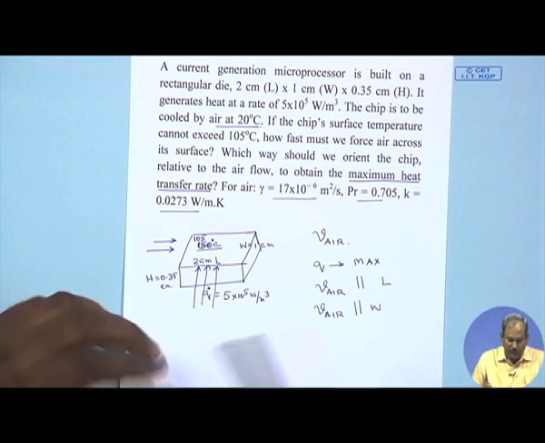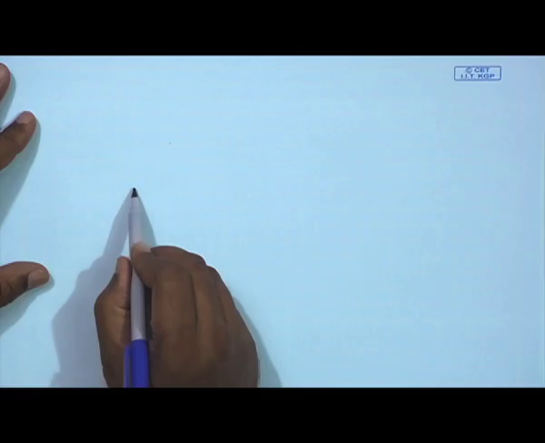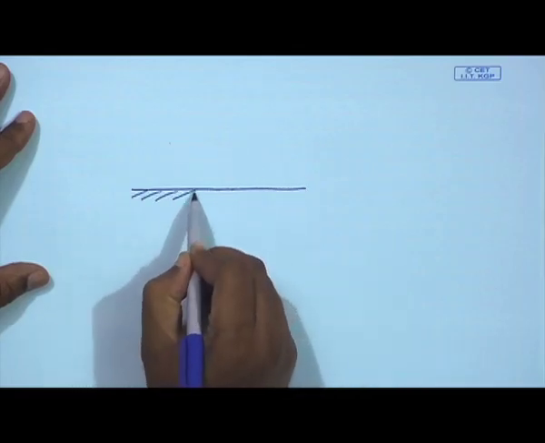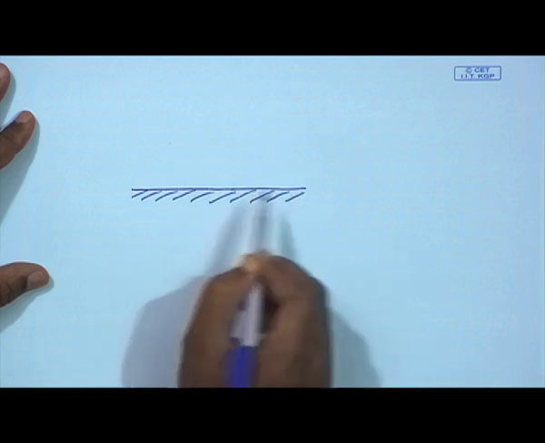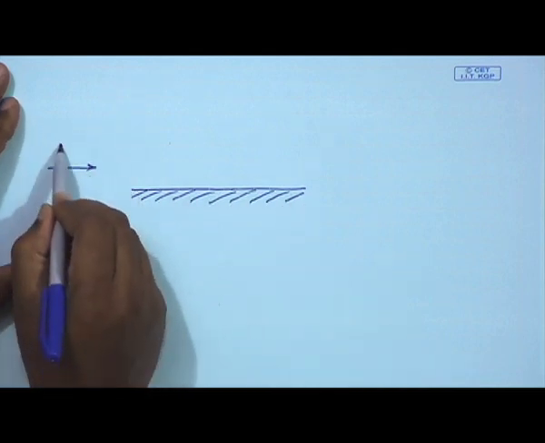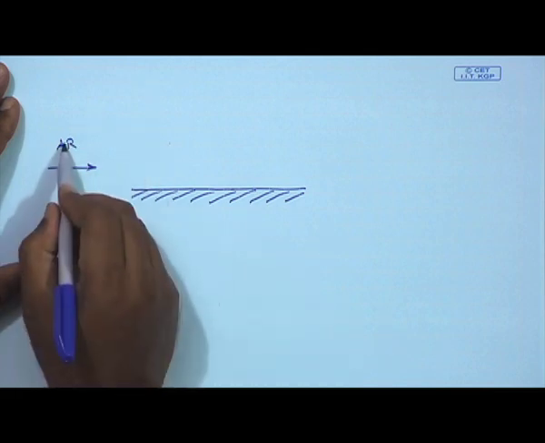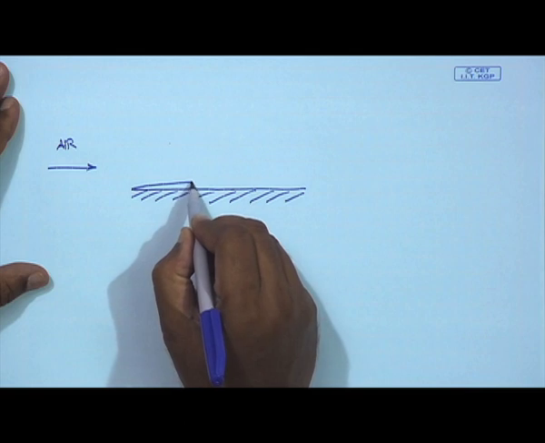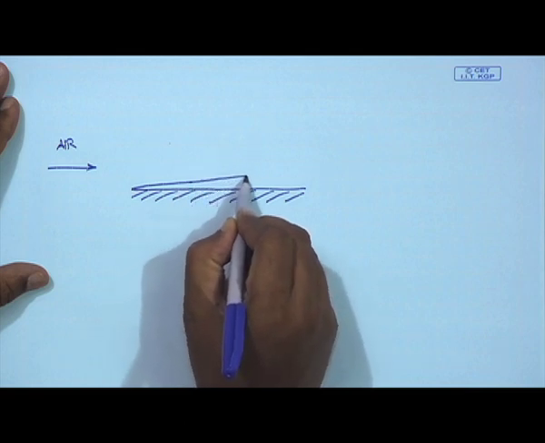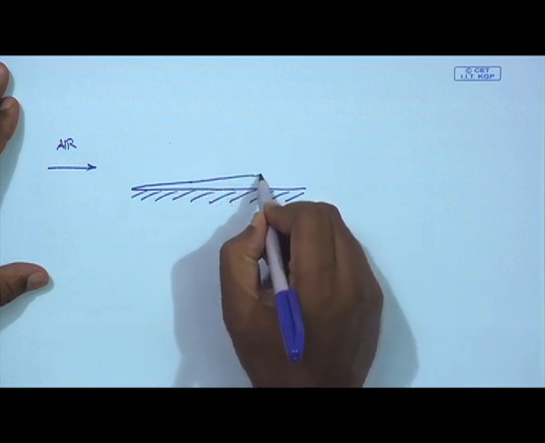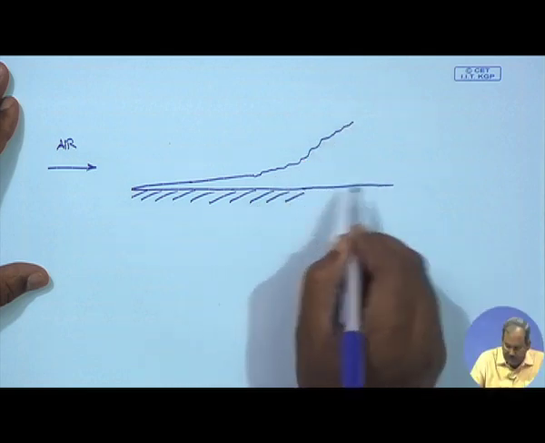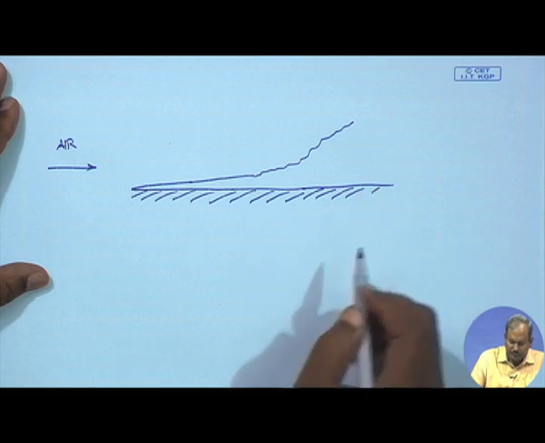The first thing we have to understand is, let's say this is a flat surface and I have flow of air over it. Initially the thickness of the boundary layer is going to be very thin, and then at a certain point it reaches turbulence and starts to increase in this fashion.